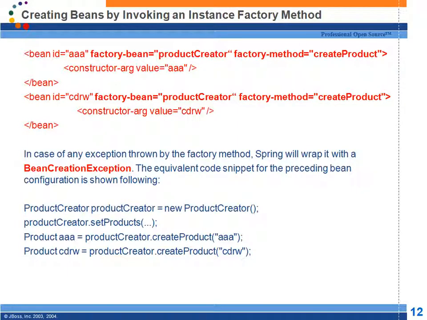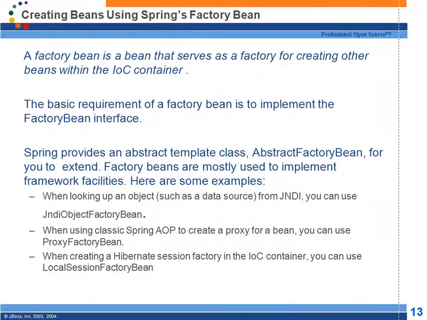So once you know this, suppose you are working on a Java EE based application, you have some object in the JNDI. Suppose you want a data source object. Generally, if you are working with an application server, the data source will be bound inside JNDI, or if you are working in an EJB project, your EJB will be bound inside JNDI, right?